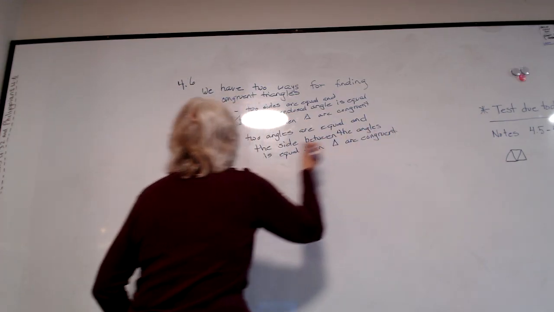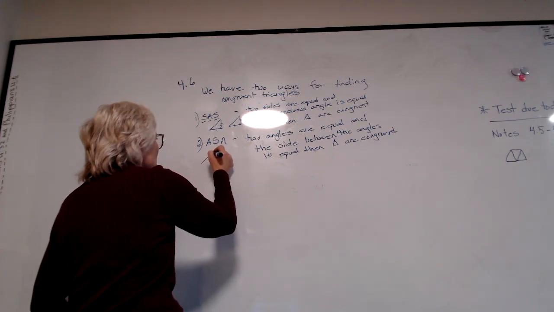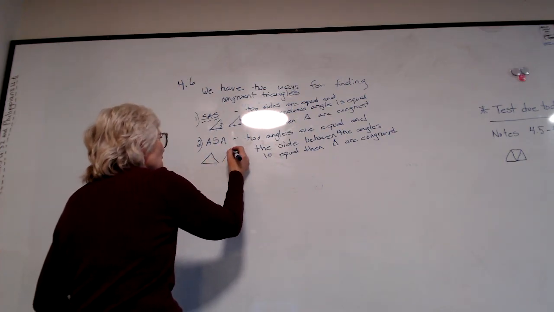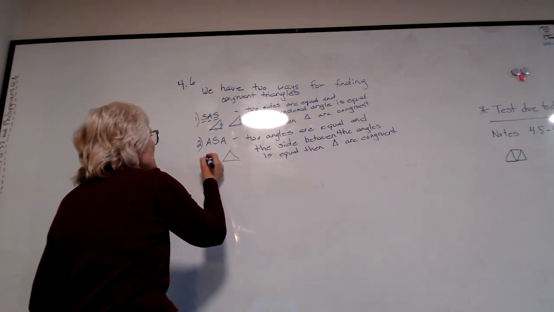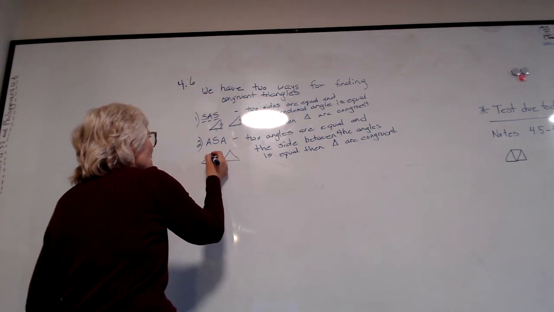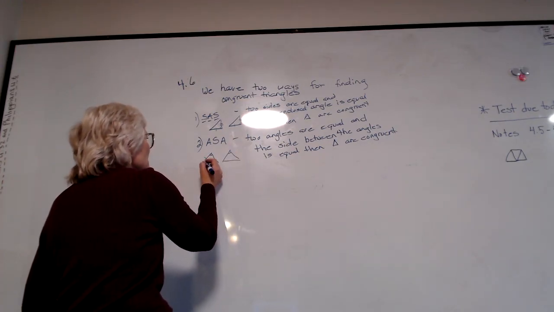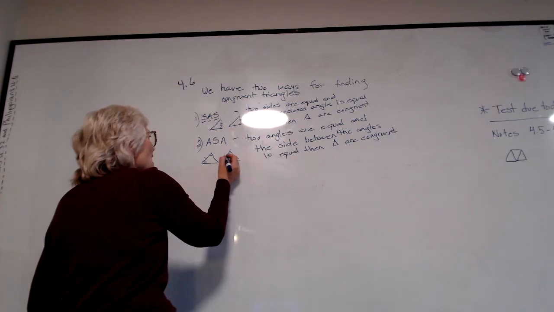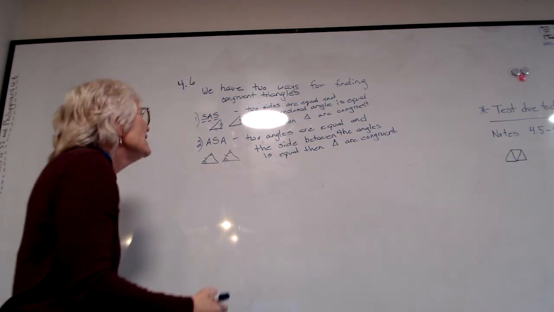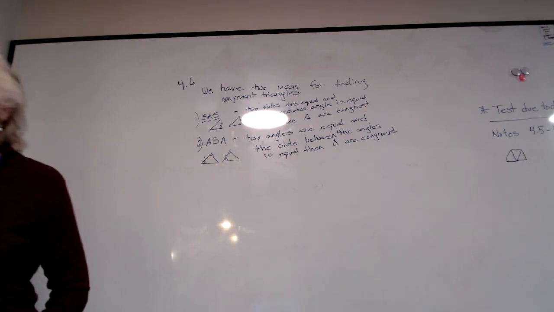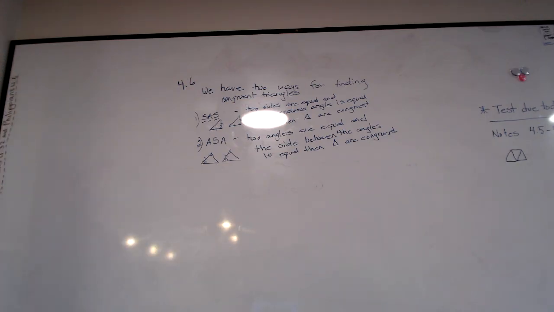That looks like this. If I have a triangle like this, it's not meant to be equilateral, but if that angle is congruent to this angle, and this side in between, then they're congruent. So that's what we've learned so far.